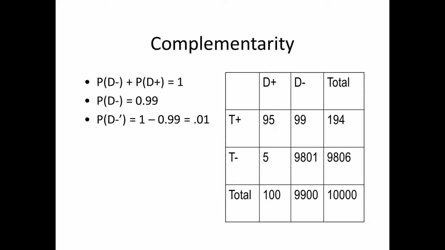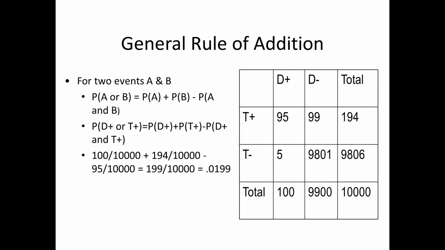So once again, the probability of being not disease negative is 1 minus the probability of being disease negative. The complementarity rule you'll see used several times in the example I will show you at the end here.